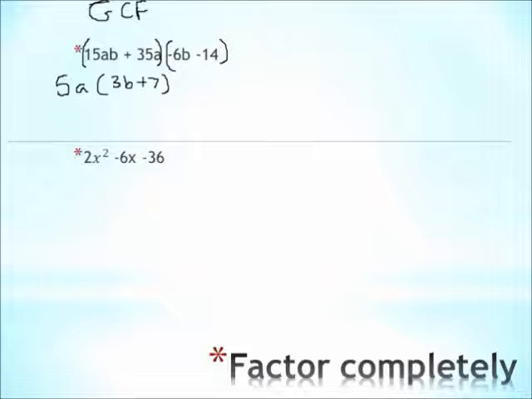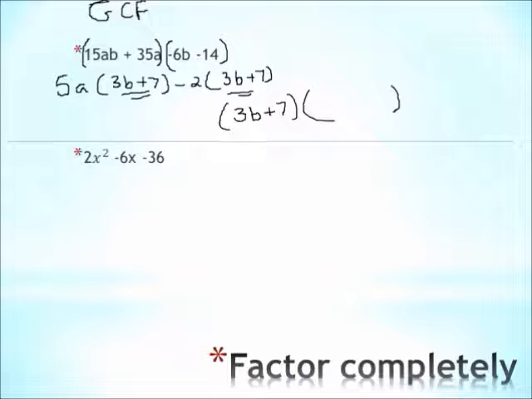And then if I'm looking at my second set of parentheses, I see a common GCF of -2. So I would end up with 3b plus 7. Do you notice how in the parentheses we have identical binomials? So 3b, sorry, my b looks a little bit like a 6, 3b plus 7, and then I'm going to write my GCFs, 5a minus 2, and that would be the 4 terms factored into my 2 sets of binomials.